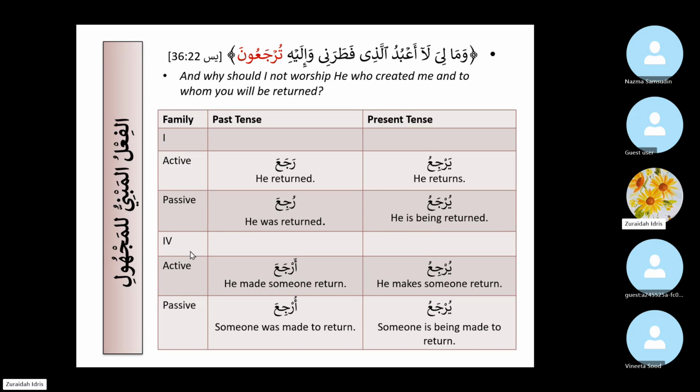Having said that, one of the reasons why we will use family 4 is pertaining to the verb nazala. Remember this? Nazala? I think we went through this with Ustad Numan before. Nazala family 1 means sent down. Yeah, and then we have nazala family 2 with a shadda, and then we have anzala in family 4.